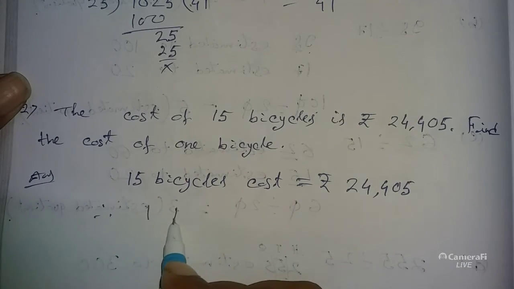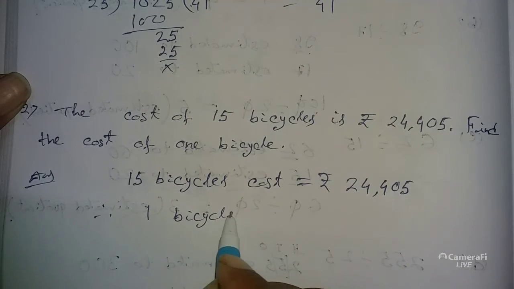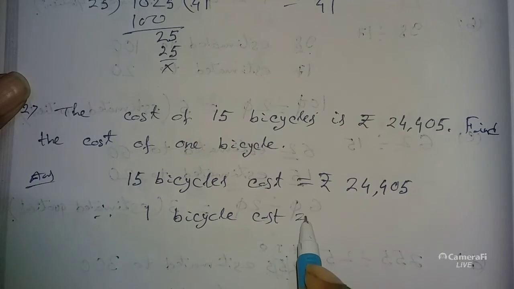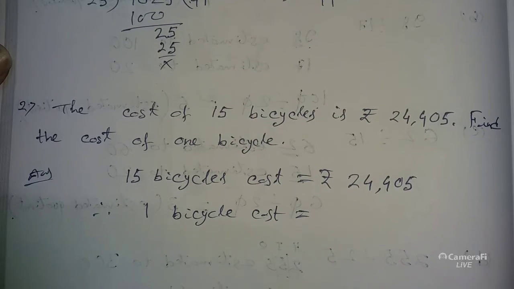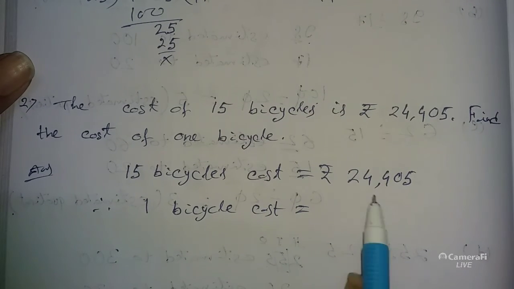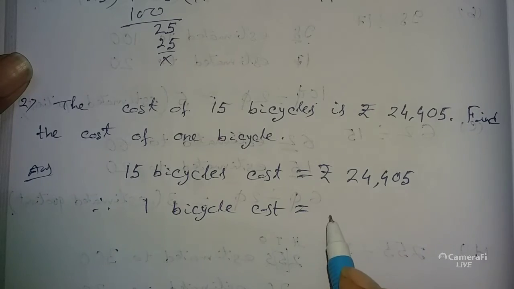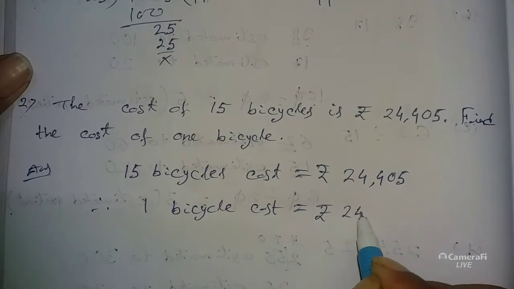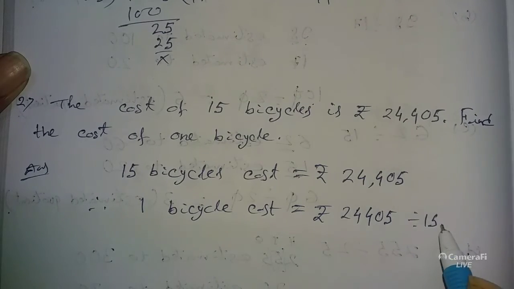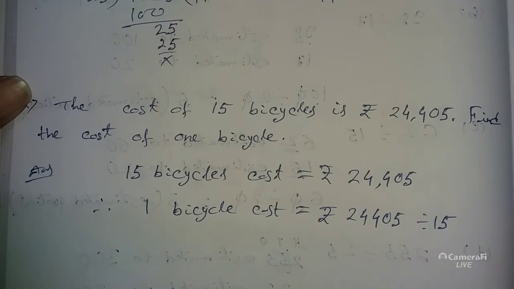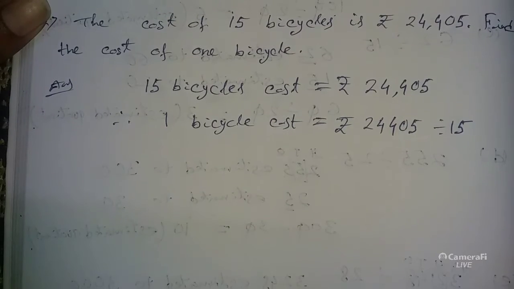Therefore, for one bicycle, the cost will decrease, and it decreases at the same rate. So we just have to divide this rupees by 15. Rupees 24,405 divided by 15. Let us divide it.